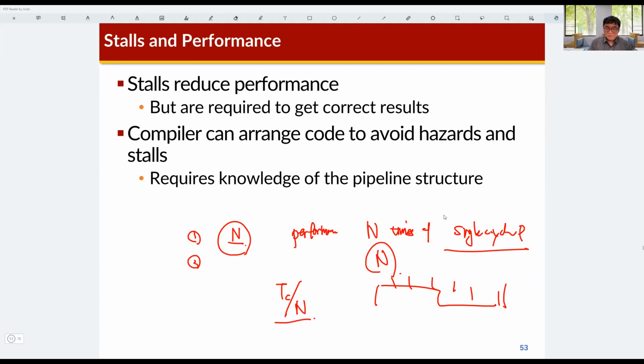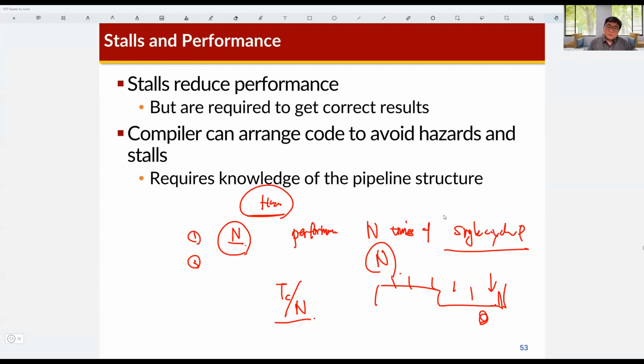But because of hazards, the performance is lower. In the single cycle processor, the load-use data hazard will not happen. Why? At the end of the clock period, the result of ALU-type instructions or load instructions will surely be written back to the register file, and the next instruction can read this written-back data from the register file.